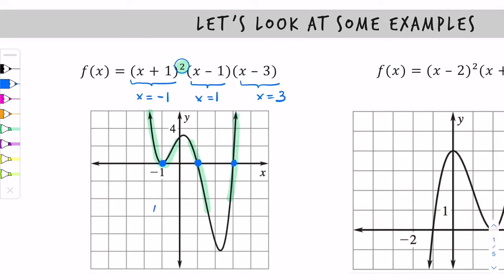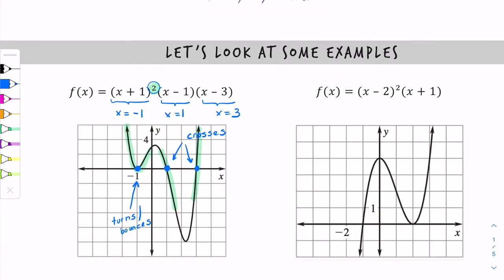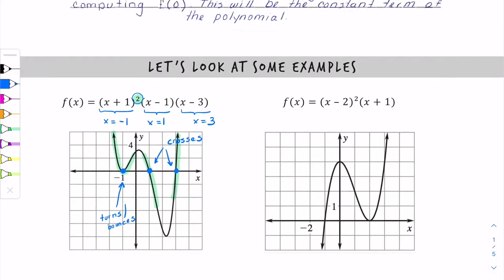So just to label what each part looks like, this is when the graph turns or bounces at the x-axis. And these two are examples of when the graph crosses.